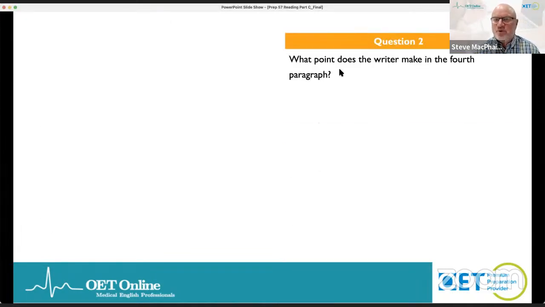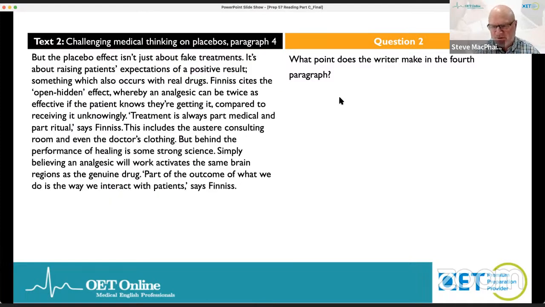Next one. What point does the writer make in the fourth paragraph? So again, what point? We don't know. It's going to be a single point, like a main idea or something specific. We don't know yet. Let's have a look. So this one is from the placebos, everyone. The placebo effect.